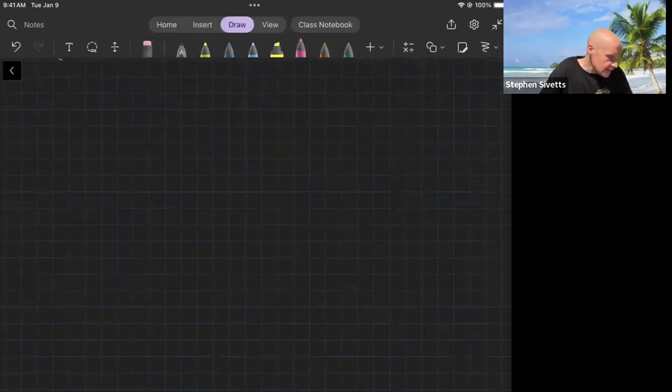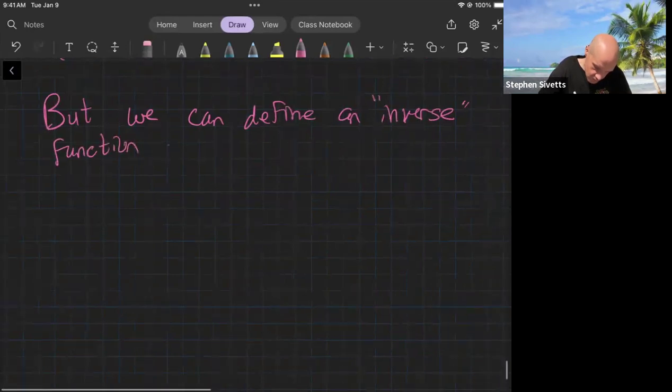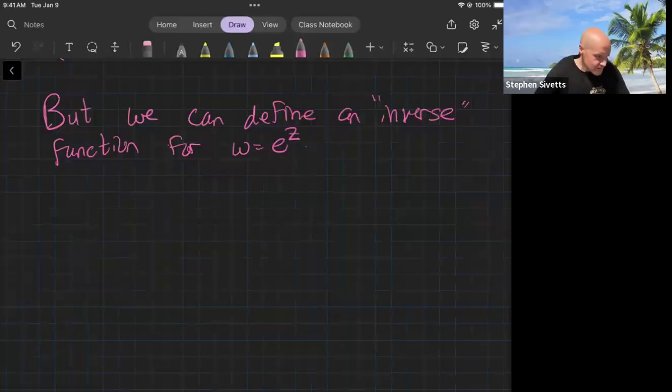But we can still define an inverse function for w equals e to the z, and it reflects on using the fundamental region for e to the z.